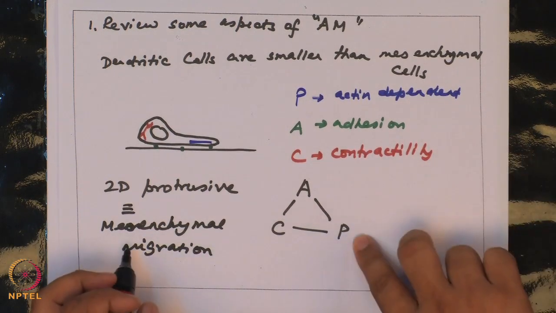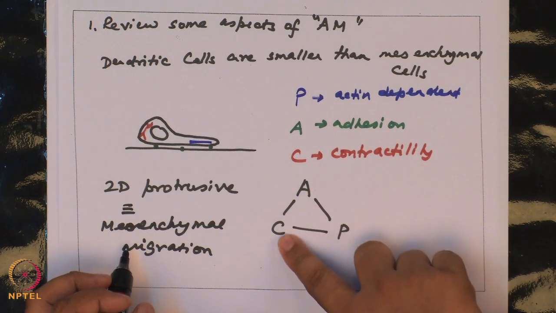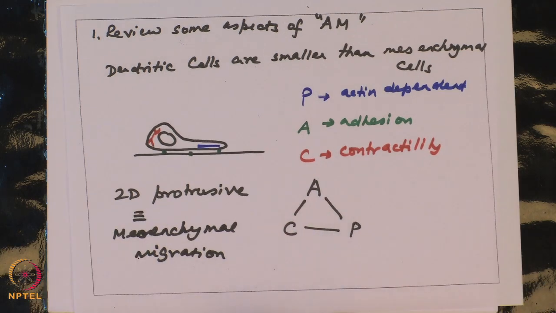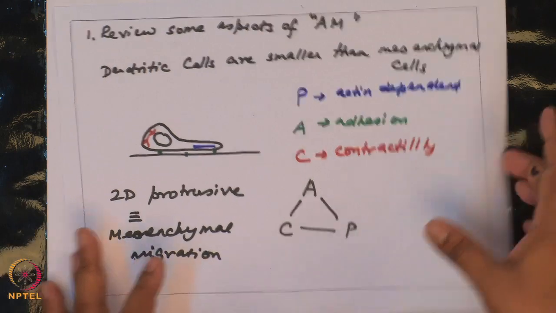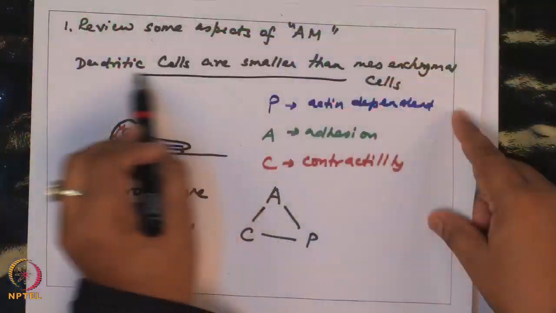The cell protrudes, stabilizes the protrusion by adhering, and then the cell contracts. So, you have all 3 of these parts playing major roles. But remember that I made this statement, dendritic cells are much smaller than mesenchymal cells.